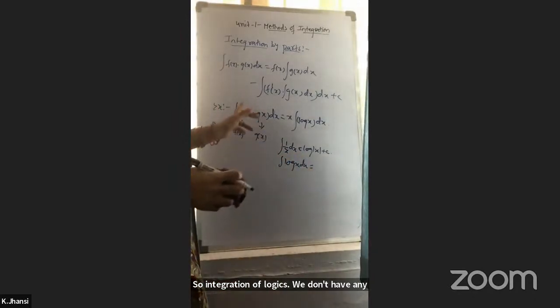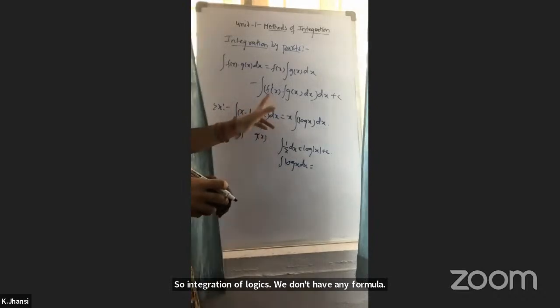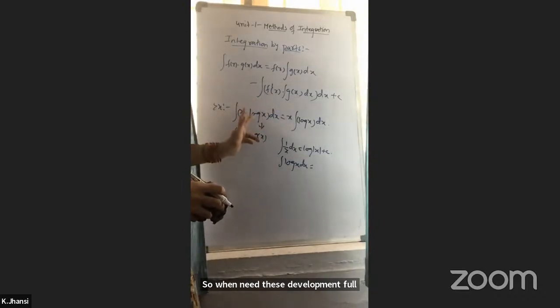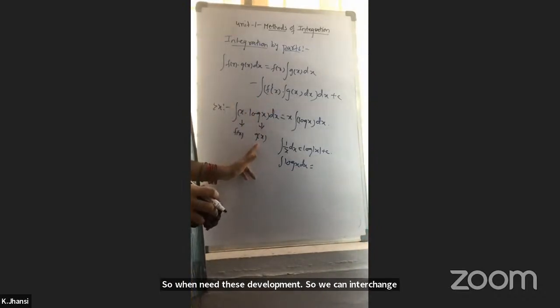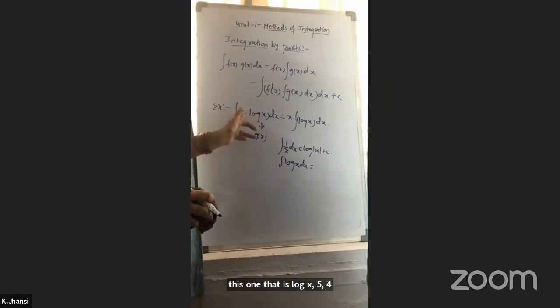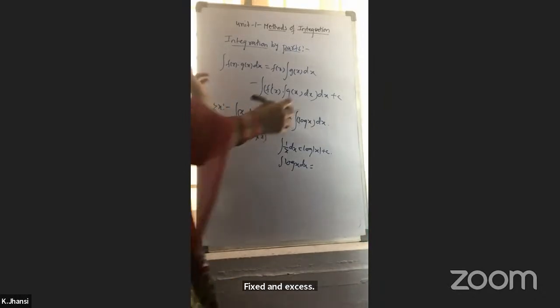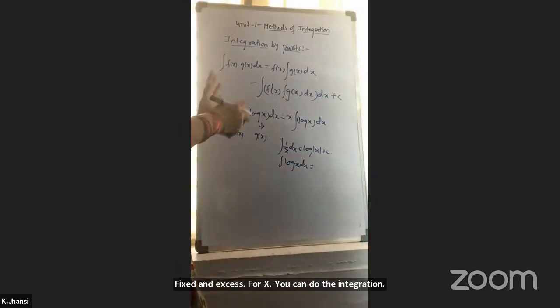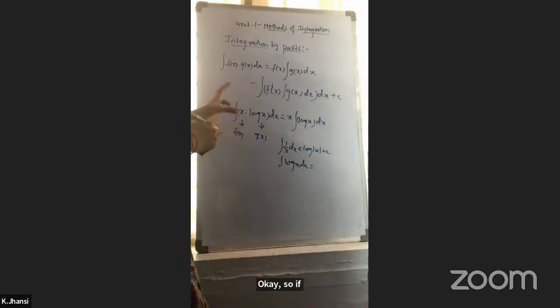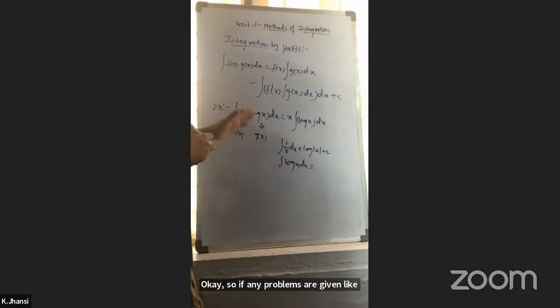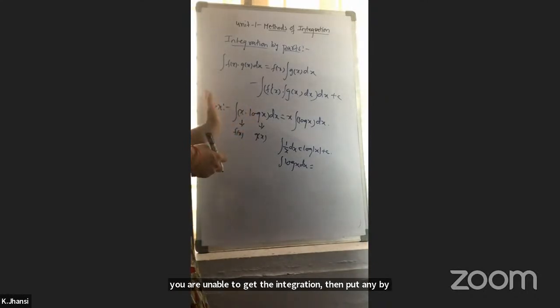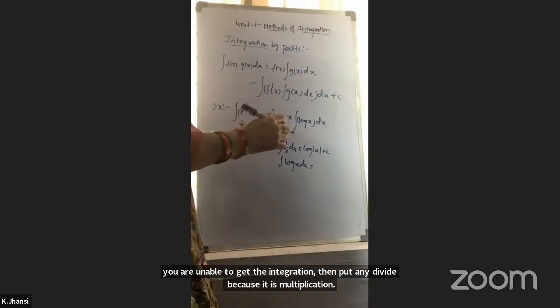So when it is given like this, we can interchange this, that is log x as f of x and x as g of x. Why? Because for x you can do the integration, no? So if any problems are given like this in which you are unable to get the integration, then you can, why? Because it is multiplication only, no? So you can write this as f of x and that as g of x.